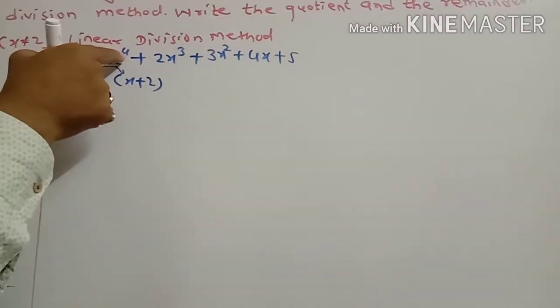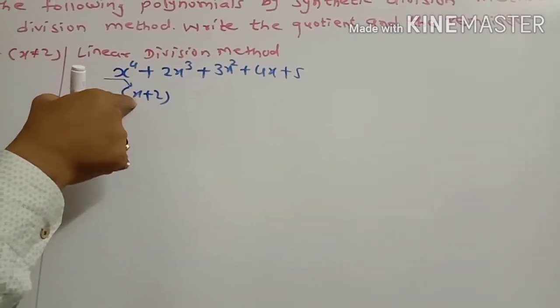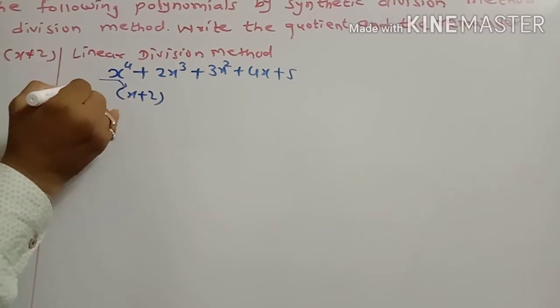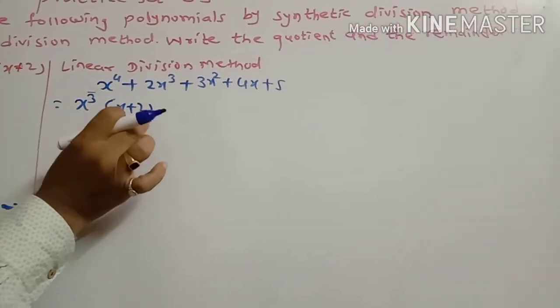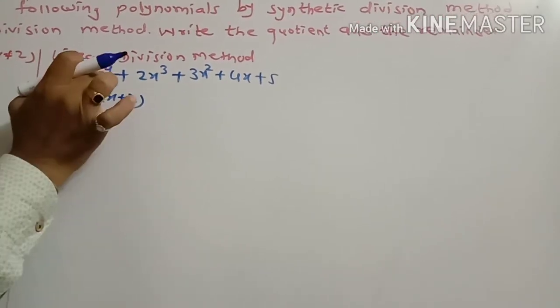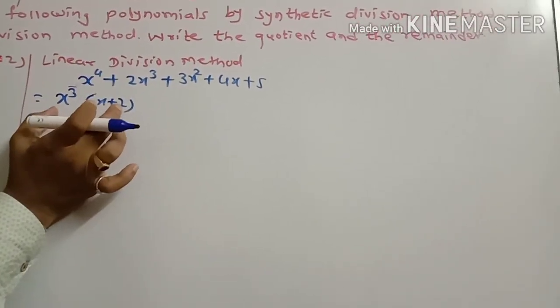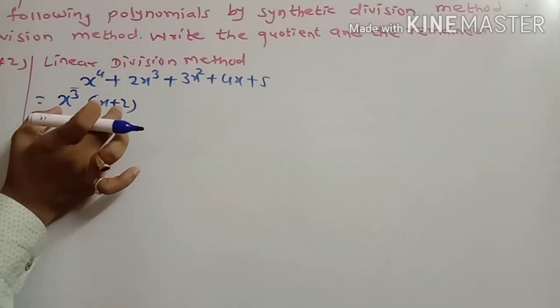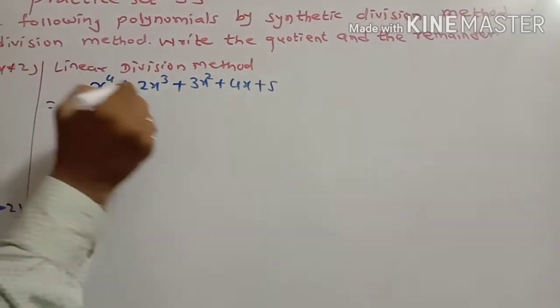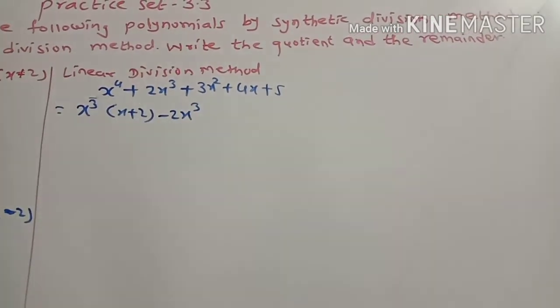Therefore the remaining term is x cube. Now x cube into x plus 2, that is x cube into x, x raised to 4. Product of 2 into x cube is 2x cube. The opposite of this plus 2x cube is minus 2x cube, therefore you write here minus 2x cube.